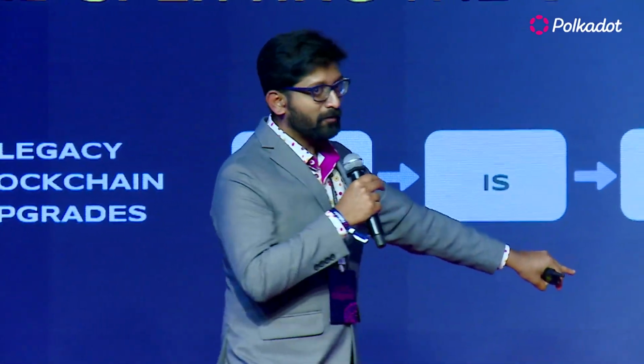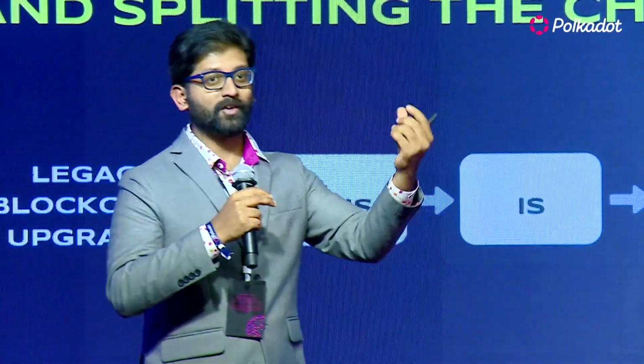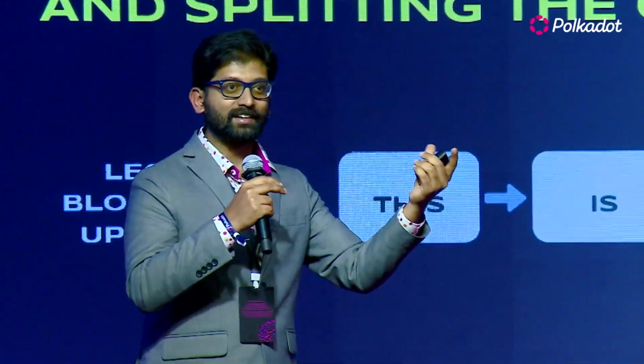So at block 104, when the upgrade happens, the next block is produced based on the upgraded code. Every validator in the network automatically upgrades and produces the new block based on the upgraded code. And that's the beauty of the forkless upgrade that Gautam was talking about previously.